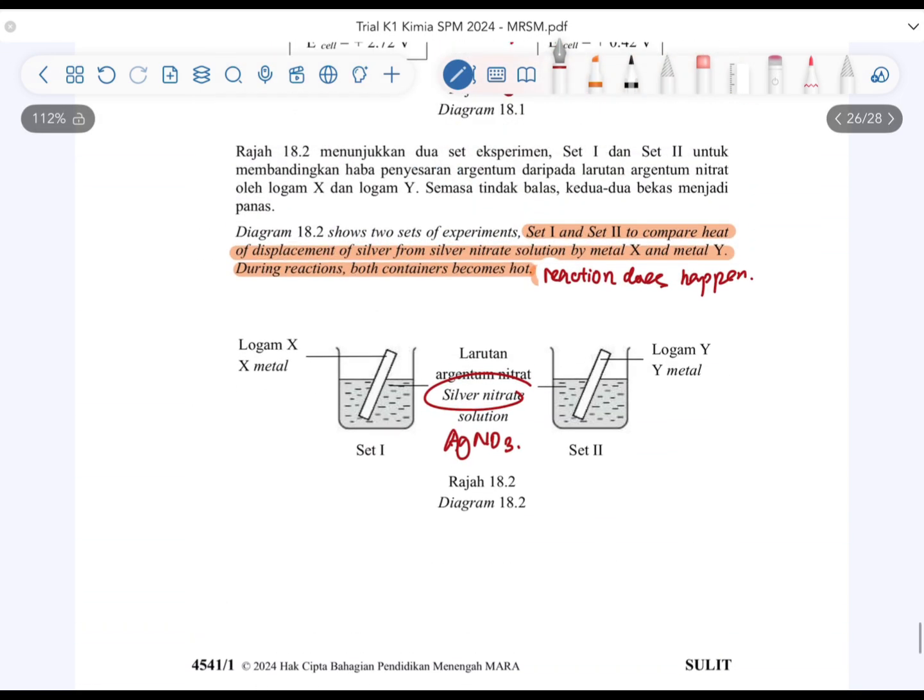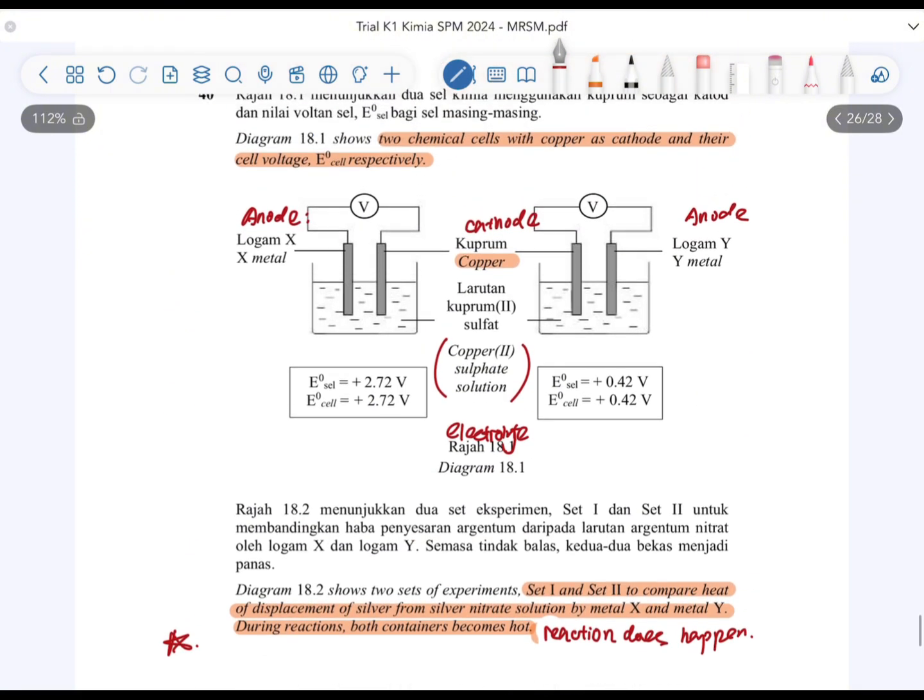So actually we just want to focus on this diagram, but there's important information, which is the cell value for copper is actually positive 0.34 volt. Okay, so this can be checked. This value can be checked in the appendix there. And then we get the cell value for this, which is actually very high, right?